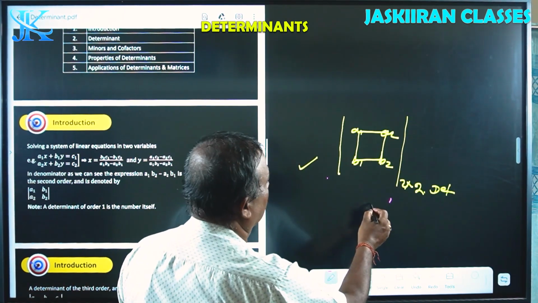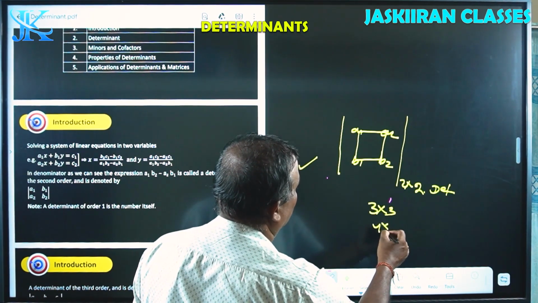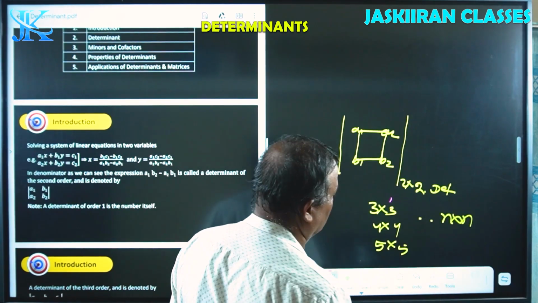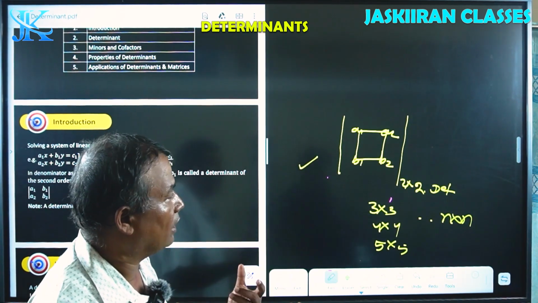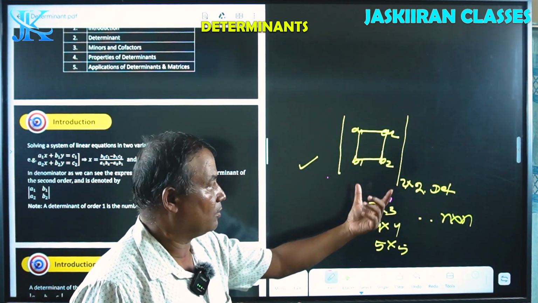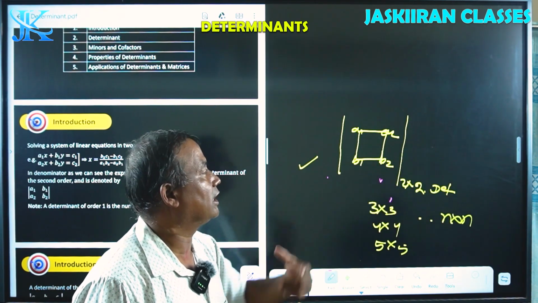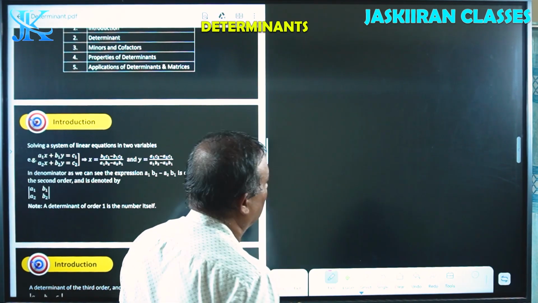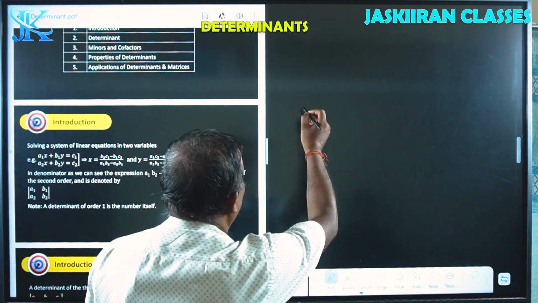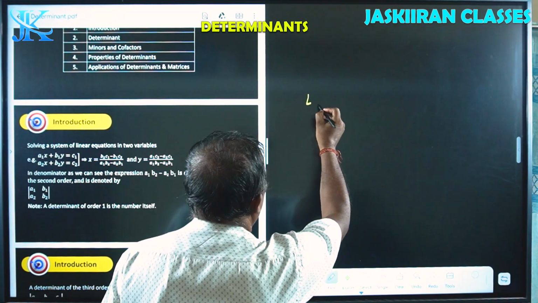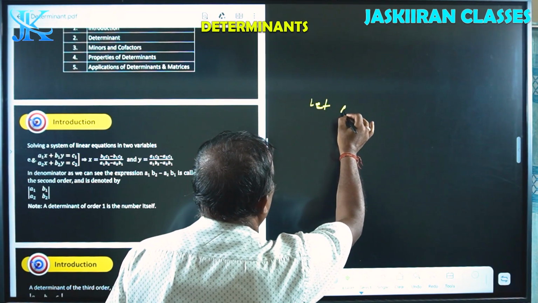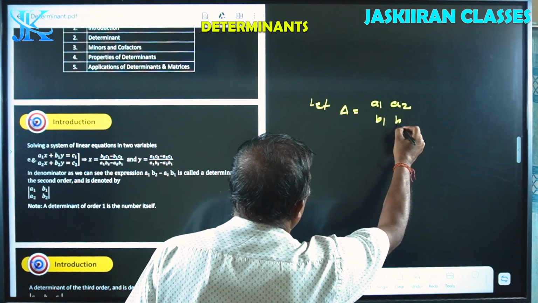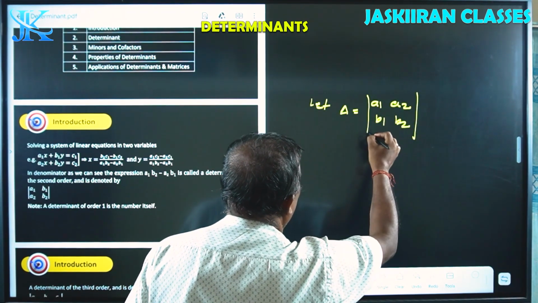Similarly, we get 3x3 determinants, 4x4 determinants, 5x5 determinants and also n x n determinants. Now we discuss one by one, starting with the second order determinant. Let del equal a1, a2, b1, b2 in vertical bars.